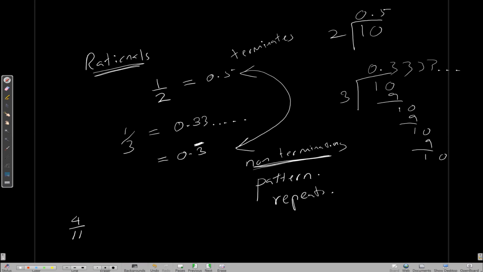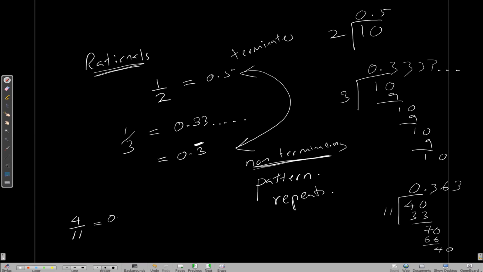Now if you divide this, 4 by 11, 0, 40, so 3, 33, you get 7, 70, so you have 6, 66, you get 4, 40, so 3, and this thing will keep repeating.